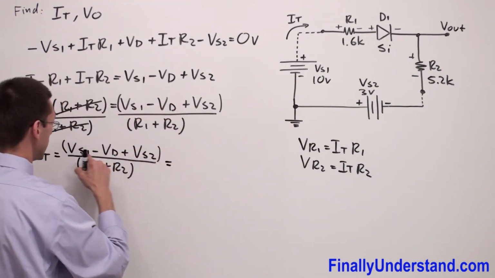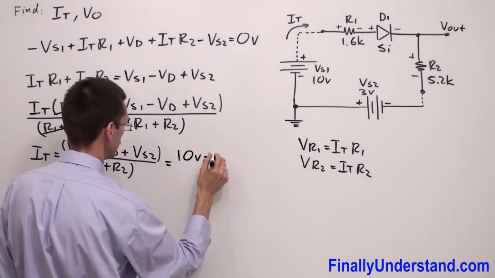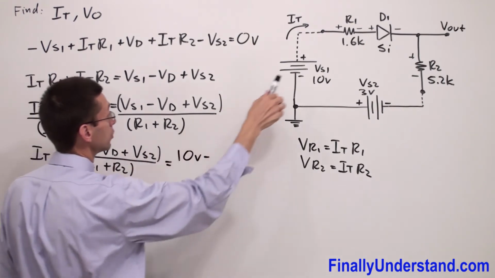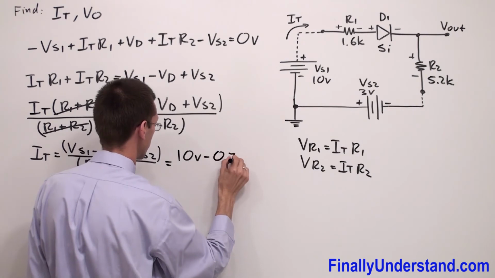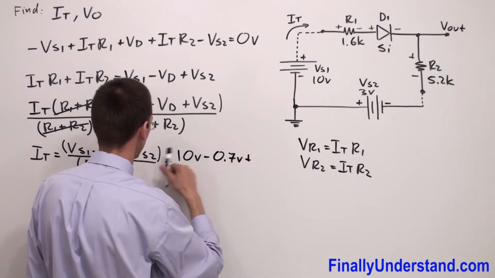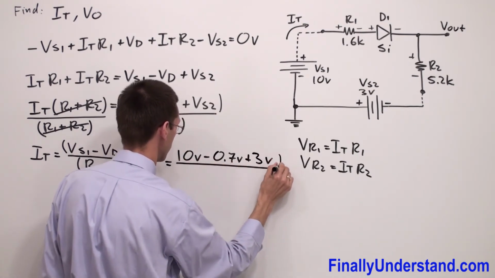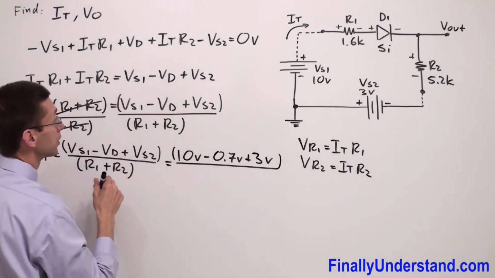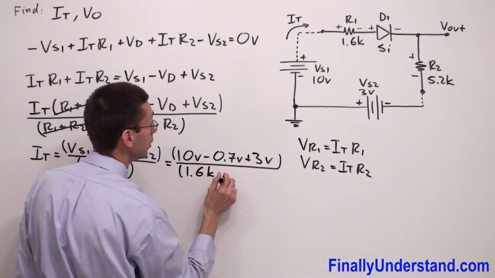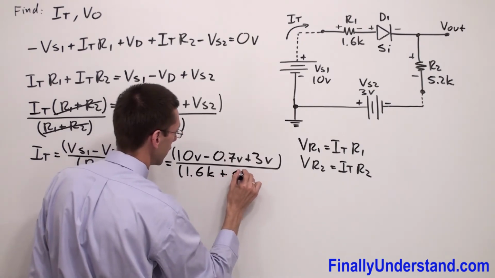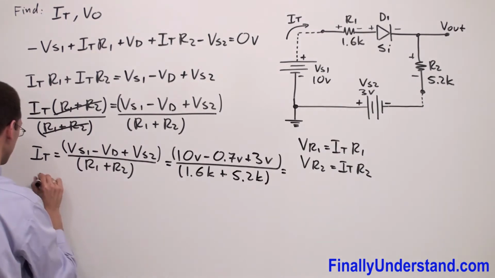So I have voltage source 1, which is equal to 10 volts, minus voltage across the diode, silicon diode, when the diode is forward biased, is 0.7 volts, plus voltage source 2, which is equal to 3 volts. Everything over R1 plus R2, 1.6 kilo plus 5.2 kilo equals I total.